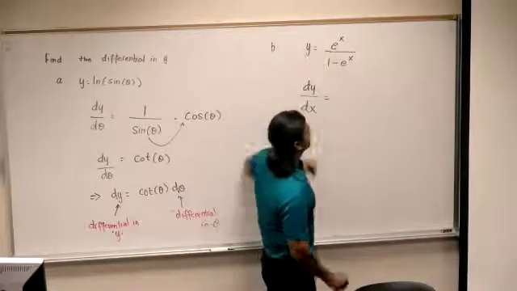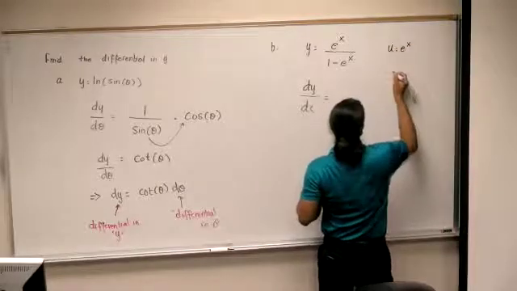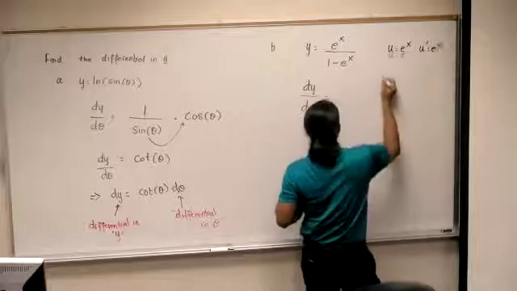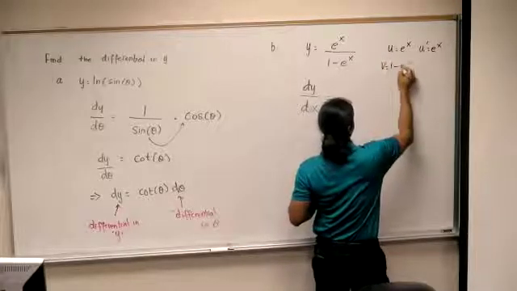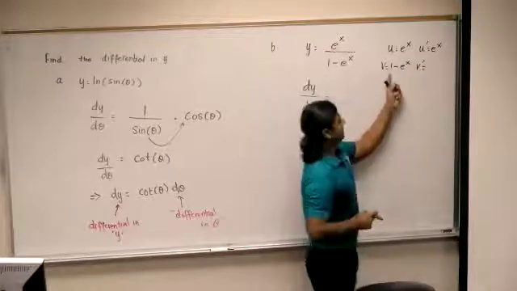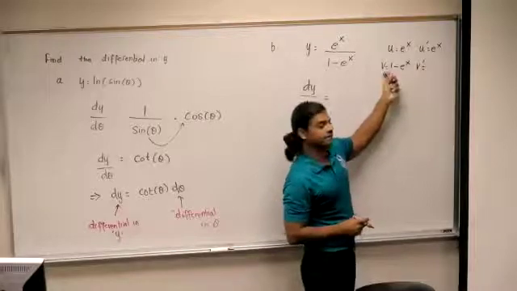So we have to use the quotient rule. u is e raised x, which means u prime is also e raised x. v is 1 minus e raised x, so v prime is negative e raised x. The derivative of 1 is 0.